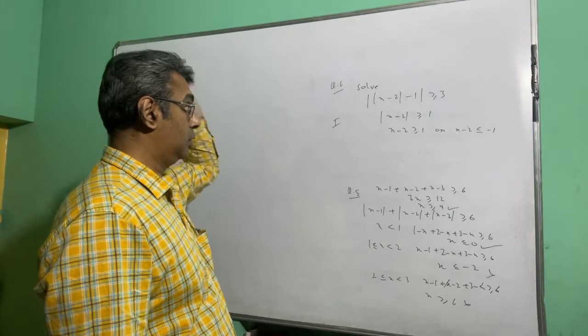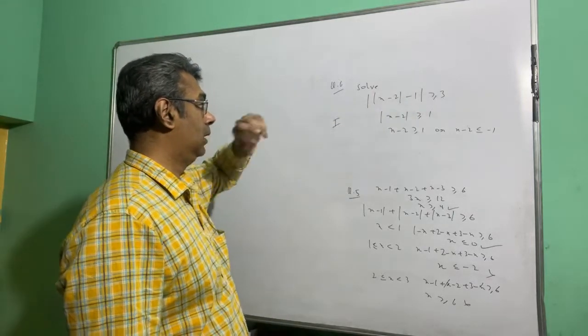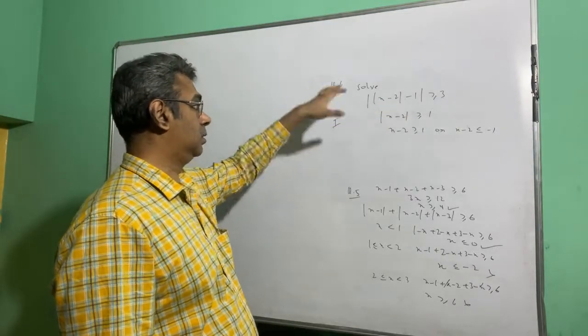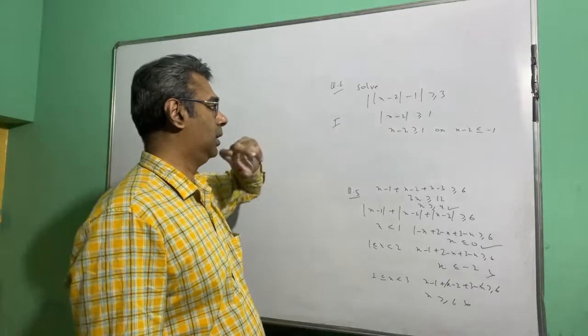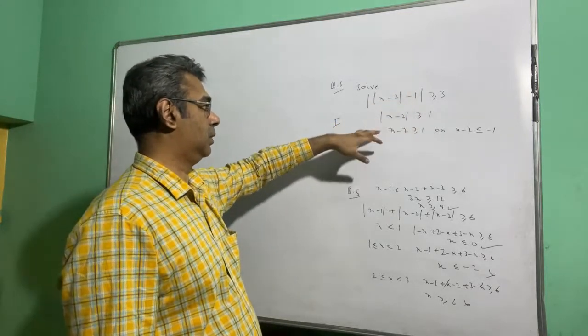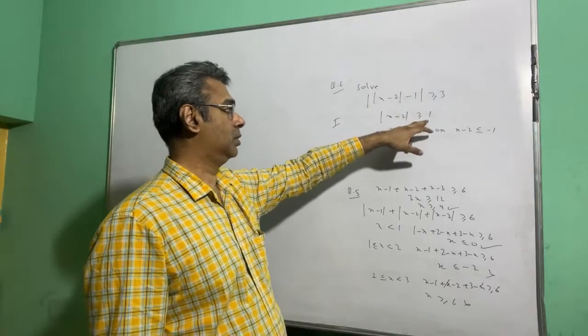Okay. So to solve this, the number which is inside the outer mod, that is mod x minus 2 minus 1, this whole number, will be either positive or negative. So suppose this number inside the mod is positive, that means mod x minus 2 is greater than or equal to 1.